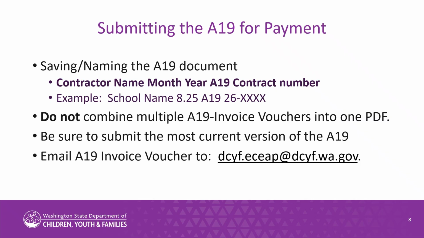For example, an A-19 invoice for services that take place in September will need to be submitted to ECAP by October 15th. Contractors can submit their A-19 invoices as early as the first of the month, along with required contract deliverables. This helps provide additional time for processing and corrections if they are needed.